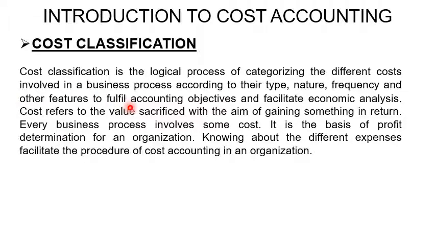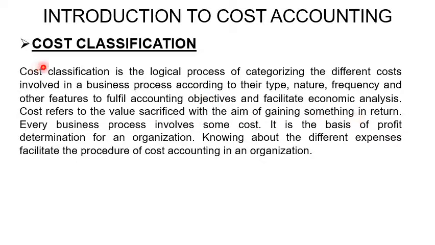So there is a need for proper allocation of all the costs and expenses involved in production on the basis of their nature, frequency, importance and types. On that basis we control the cost and analyze the accurate cost of a product.